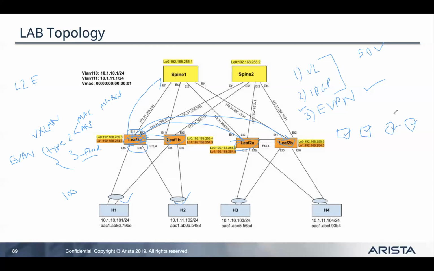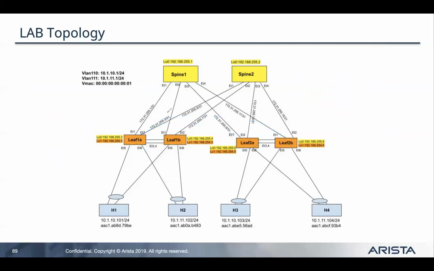So that's the reason, instead of configuring EVPN neighborship between these leaf devices, we use the spine as a route server, or you can say a route forwarder. For iBGP, we also use the route reflector concept.